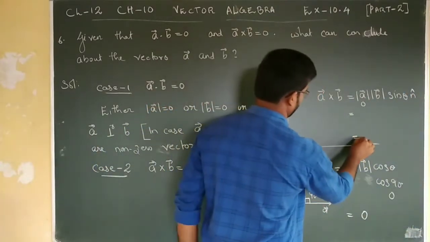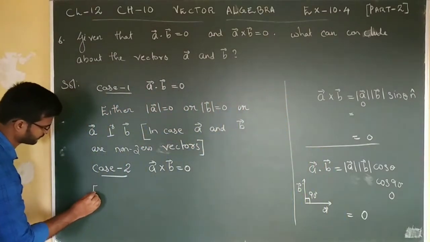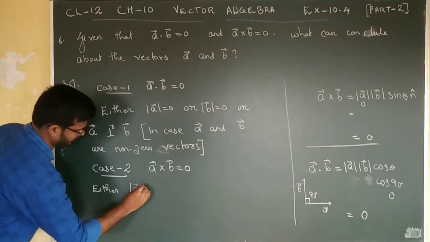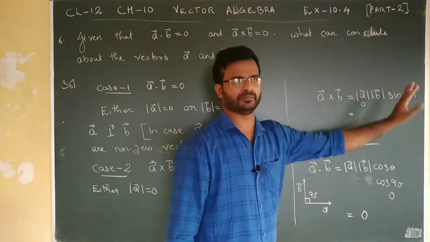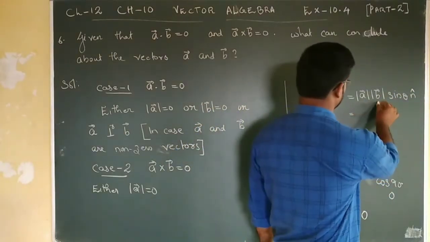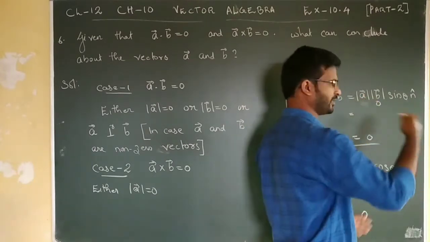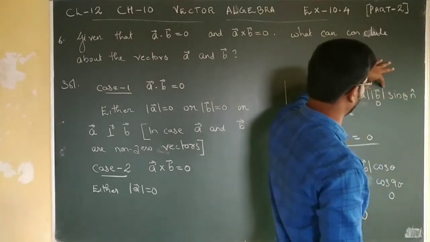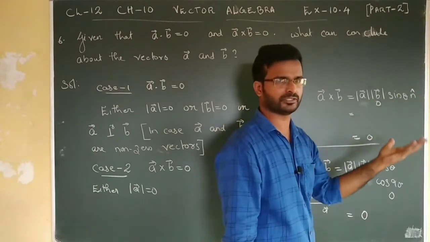Zero into the remaining numbers will be 0 only. Similarly, if you consider the magnitude of B vector as 0, then 0 into the remaining part will be 0.